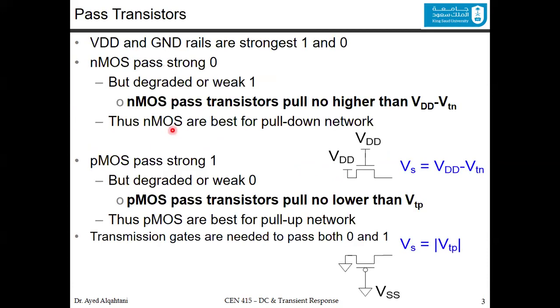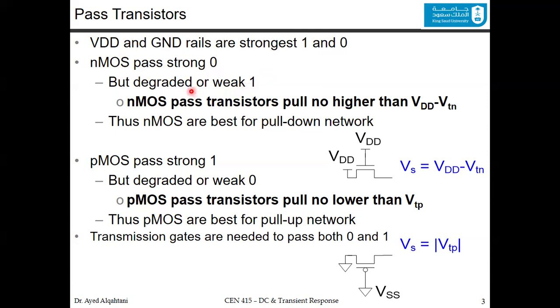So in the pass transistor, we mentioned before that the VDD and ground rails are the strongest logic 1 and logic 0. And we also said that the NMOS passes a strong 0, but it degrades or weakens the logic 1.